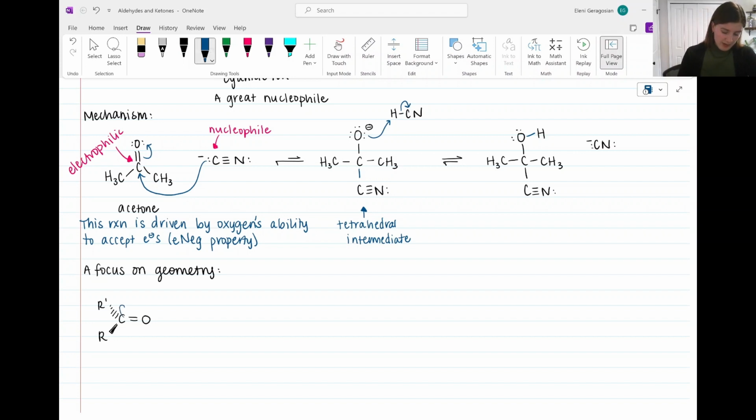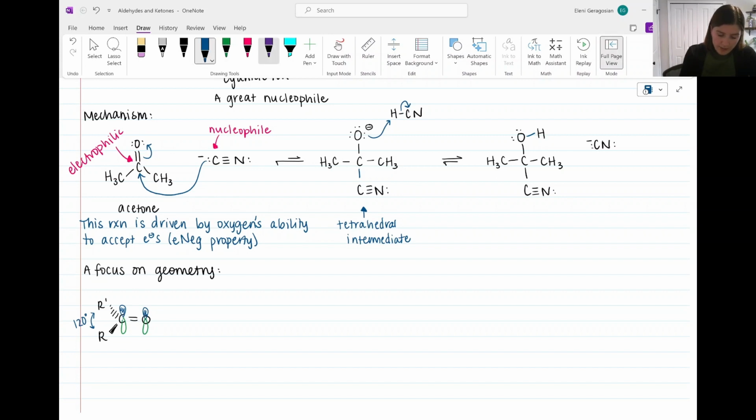We have that pi bond between carbon and oxygen. And we have a 120-degree bond angle between all three bonds here. So that's characteristic of sp2 hybridized atoms. The carbon here is sp2 hybridized.